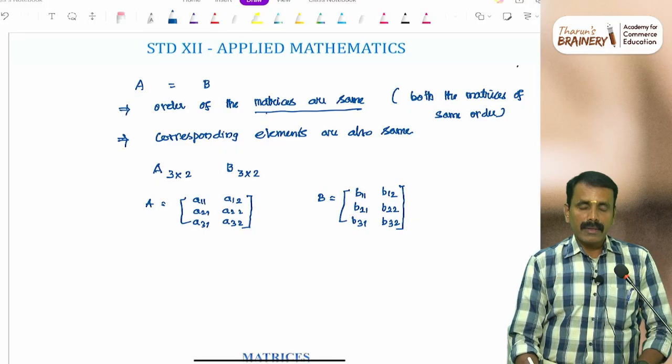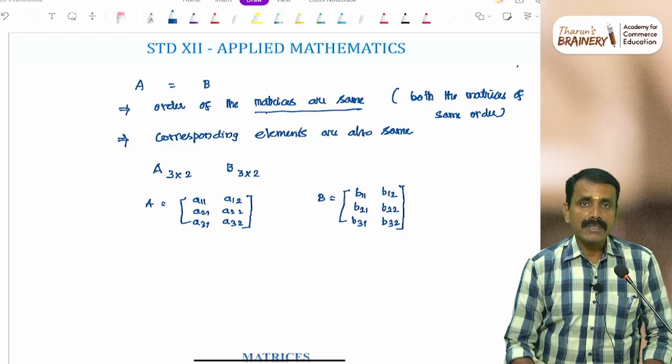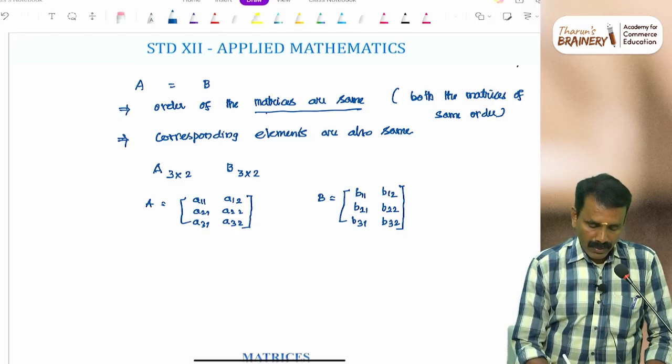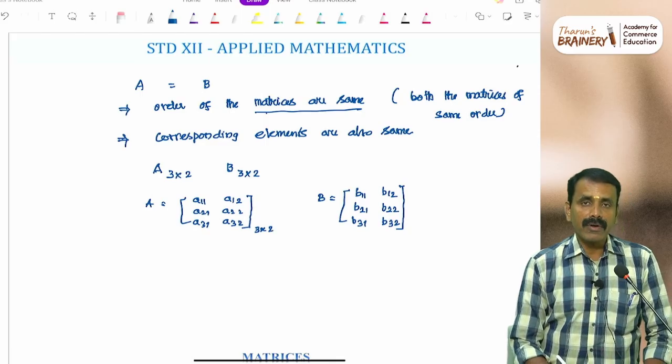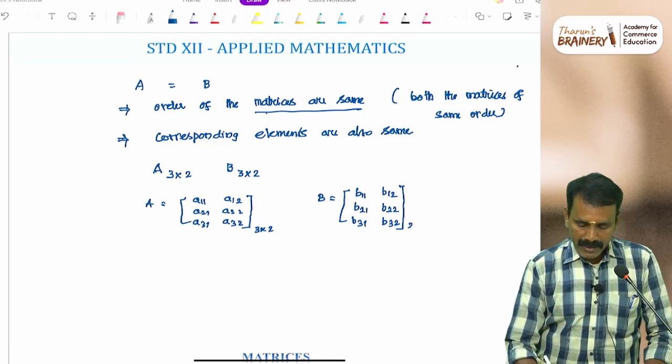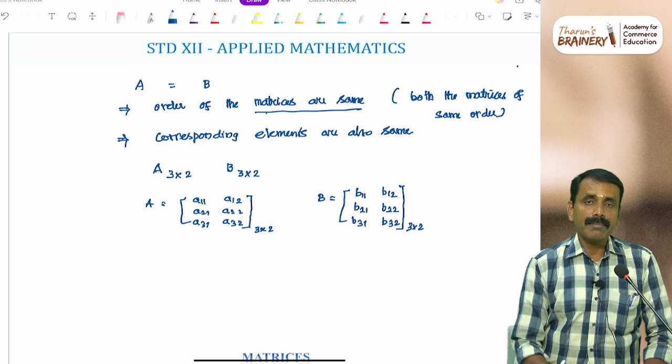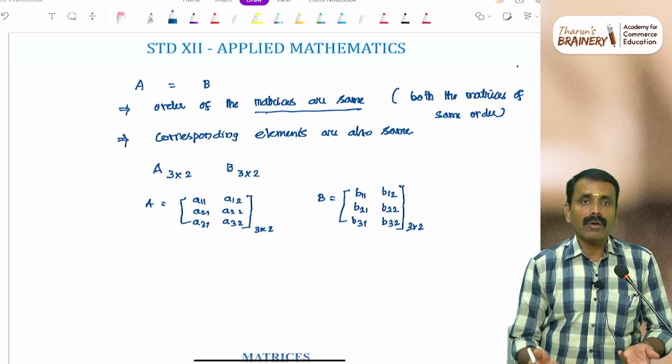Now, can we compare these two matrices? Yes, we can. Why? A is a matrix of order 3 by 2, and B is also a matrix of order 3 by 2. I can compare, but whether they are equal or not?